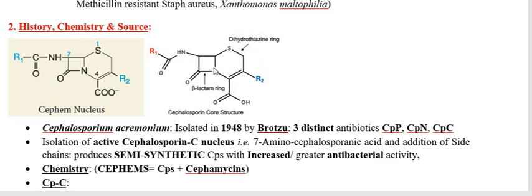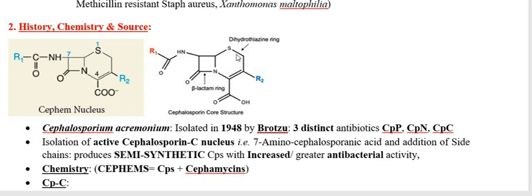However, in case of cephalosporin, the ring is the dihydrothiazine ring. And of course the beta-lactam should be there because the antibiotic is a beta-lactam, and the side chain is there. Without the side chain, this is called the cepham nucleus or 7-aminocephalosporinic acid.